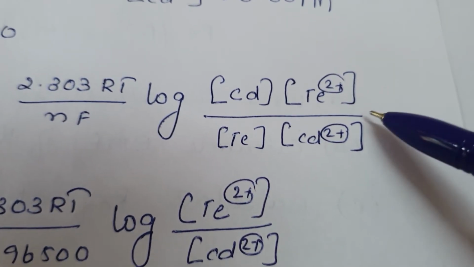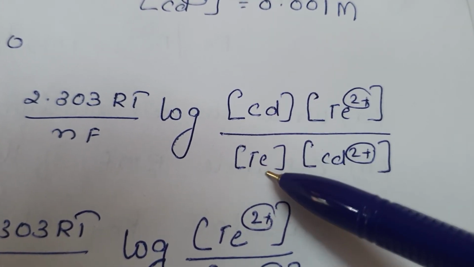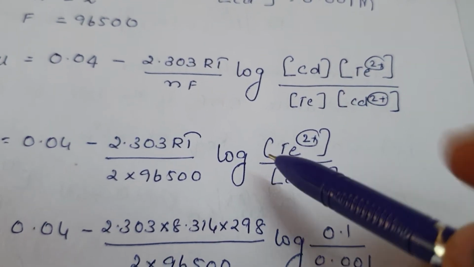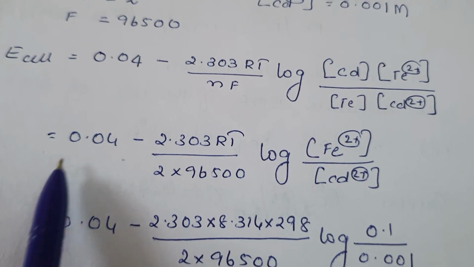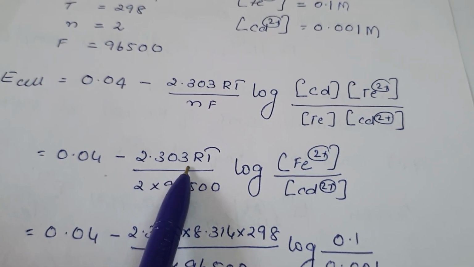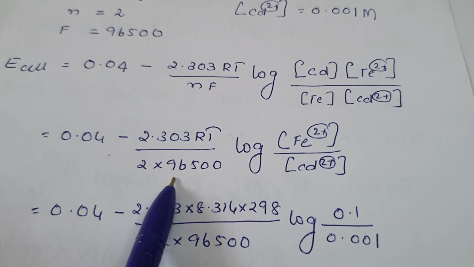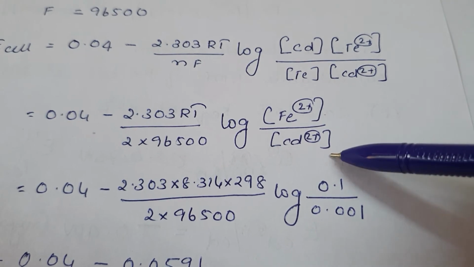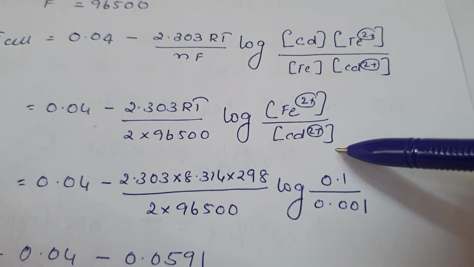So this will be the one. And we know cadmium and iron are electrodes, pure substance, so it will become unity. So this expression will become 0.04 that we calculated as E naught cell minus 2.303 RT divided by 2 into 96500 into log concentration of Fe2 positive divided by concentration of cadmium 2 positive.